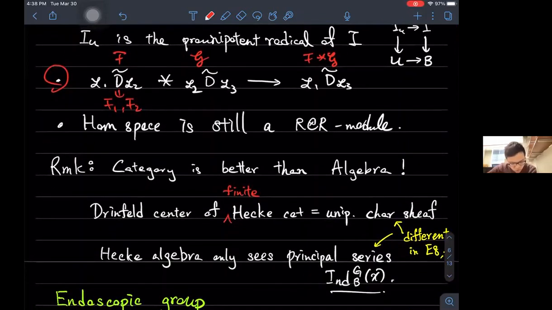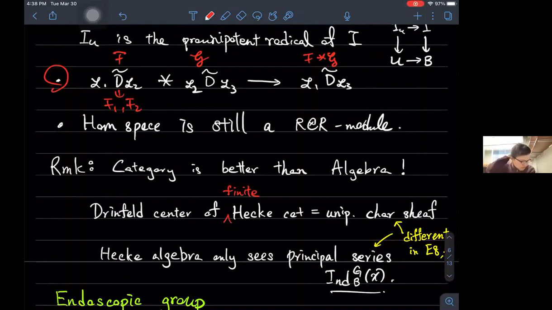Well, you may wonder why we actually study the category instead of the algebra. What extra information does the Hecke category have? It turns out it has more information. If you take the center of the category, what you get will be the unipotent character sheaves.